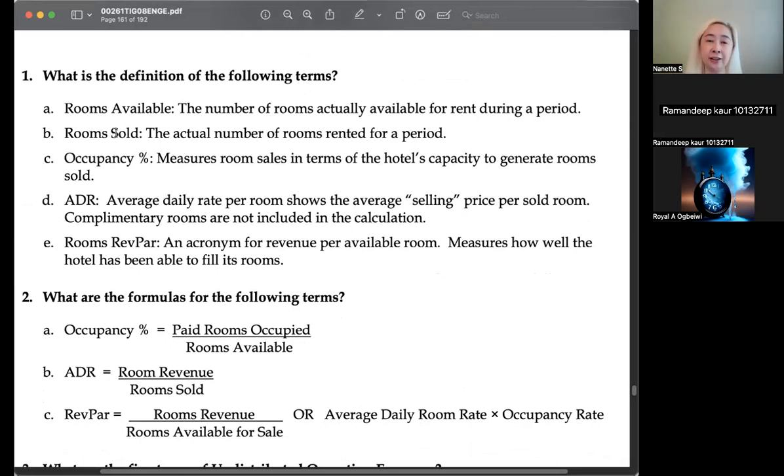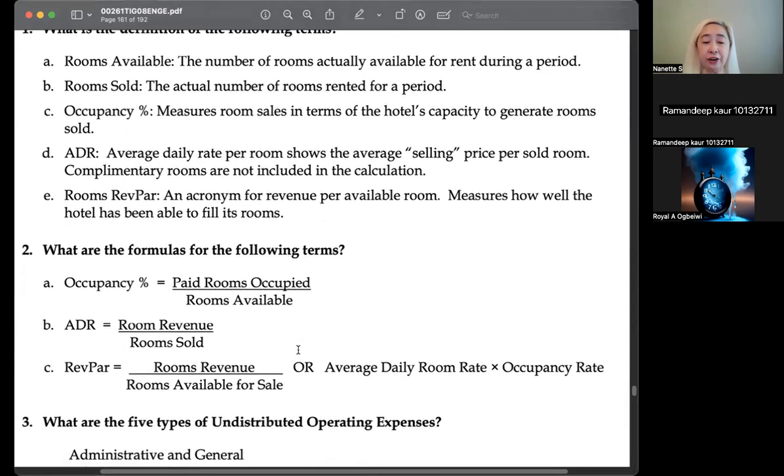So let's say for December 25, you are fully booked. So you have 100%, so 100 rooms sold. But for today, let's say 50% checked out. So rooms sold for today is just 50 rooms. Now, for occupancy percentage, you need to divide the rooms sold by the rooms available.